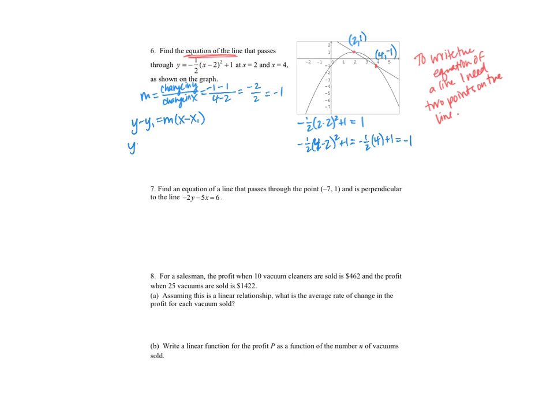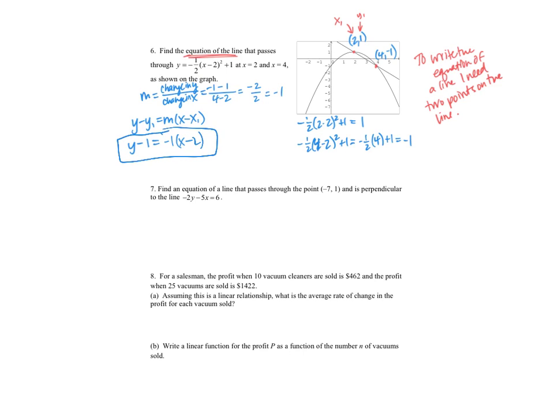So I can do y minus, and for my y1, I'm going to use 1, equals my slope, negative 1, times x minus, and for my x1, I'm going to use 2. And so that is my equation of my line. So I'm done. I'm not sure, your instructor may want you to solve that for y, but it doesn't say, so I'm just going to leave it like that.